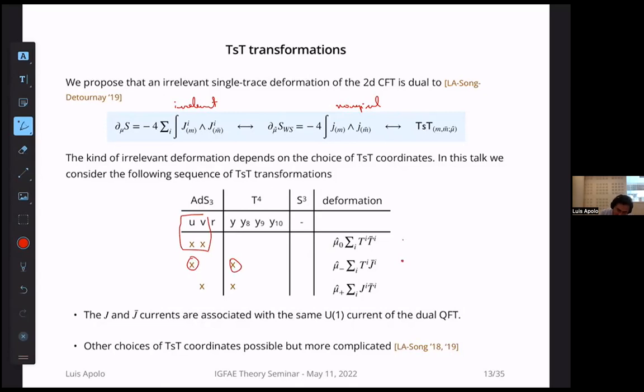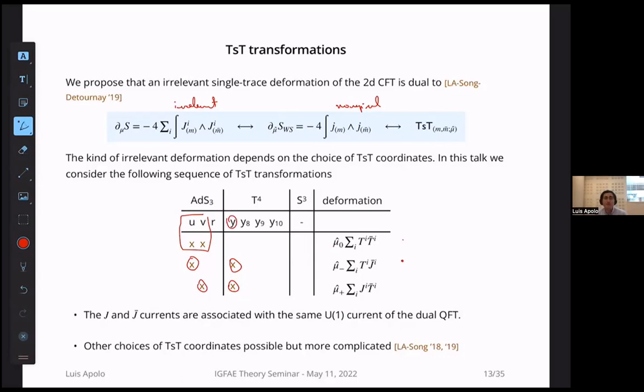And similarly, a different coordinate of AdS3 and another one of T4 to get the JTbar deformation. Because we have taken the same coordinate of T4, this Y coordinate here, the J and Jbar currents in the dual theory in this JTbar and TJbar deformation are going to be the same current in the dual QFT.